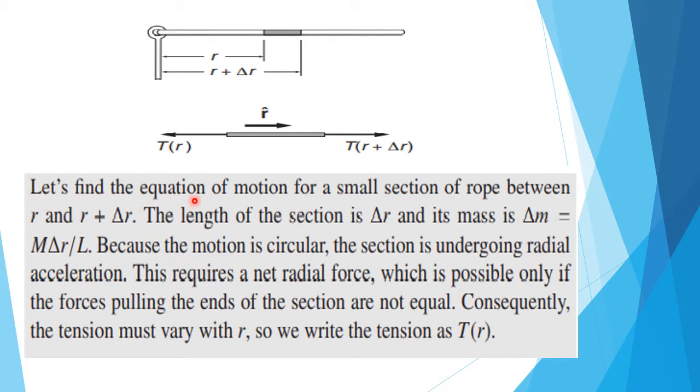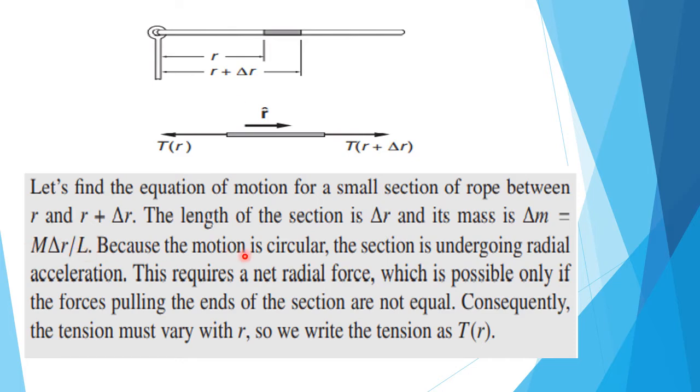So let us find out the equation of motion for the small section of the rope between r and r plus delta r. The length of the section is delta r and its mass is M delta r by L, since M by L is the mass per unit length, so for this distance delta r, the mass will be M delta r by L.